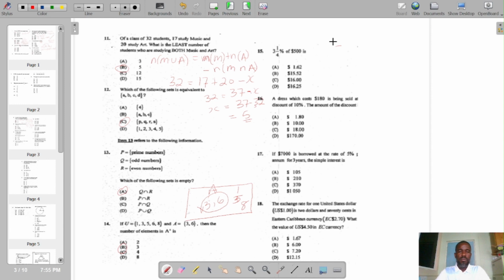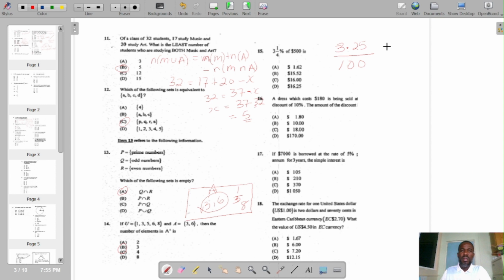Moving on, we said 3.25% of 500 is. So we're going to say 3.25%, and percent means out of 100, times 500.